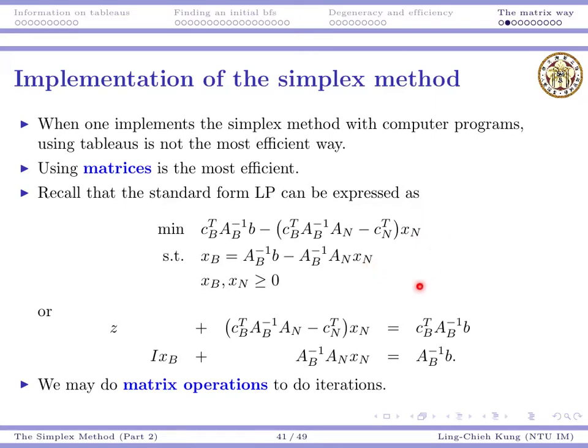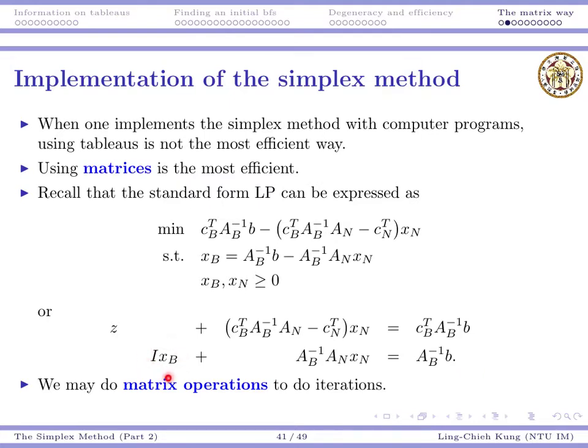I hope you still have that image. And then if we organize all those numbers into a Tableau format or linear system, then we have this. This is still something old, and you have seen this in the past.